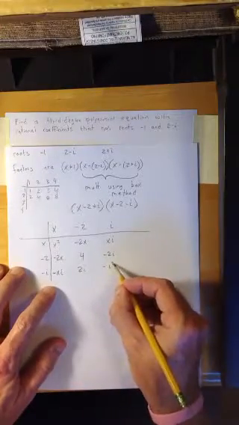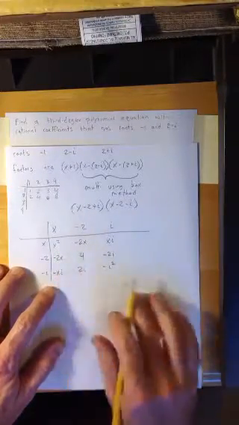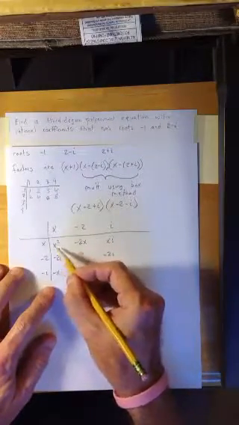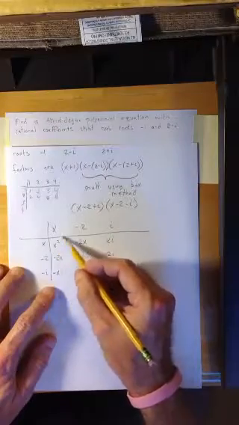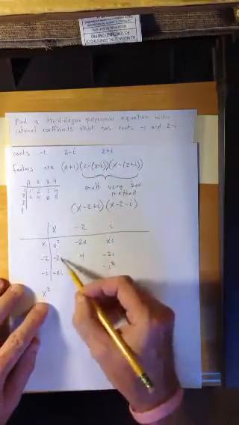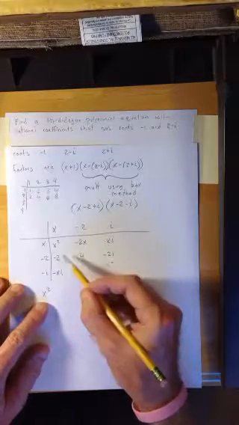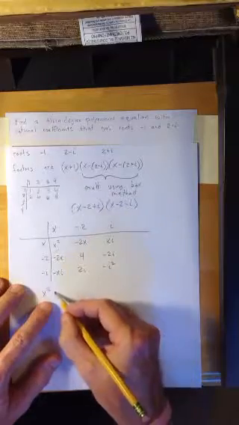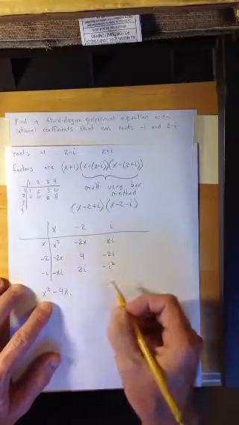Okay, now, once we have our box filled in, what we're going to do is add. We can look at this a little bit diagonally. The first term, x squared, we'll just bring down. And then we have -2x minus 2x, so we have minus 4x.